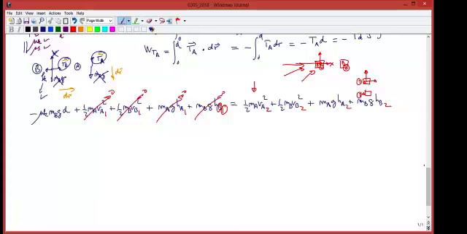Good. Now, is my object A moving while it is at position 2? Yep, it is. Therefore, we keep it. Is my object B moving while it is at position 2?